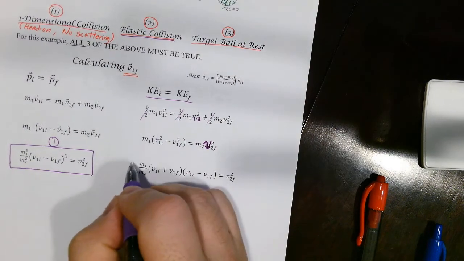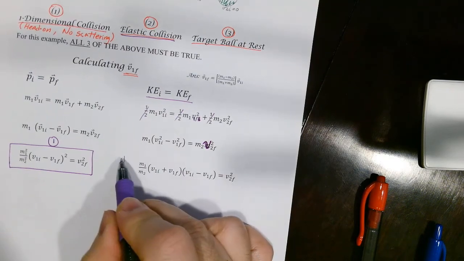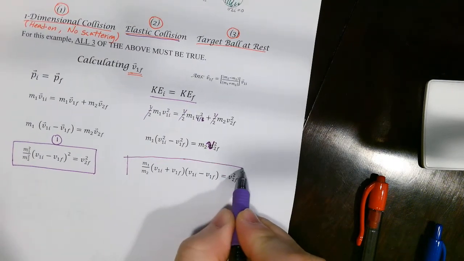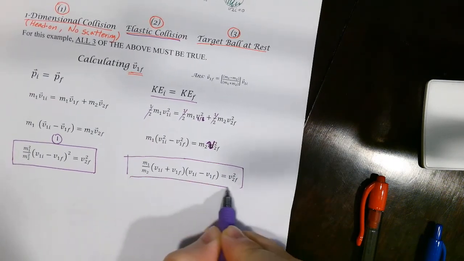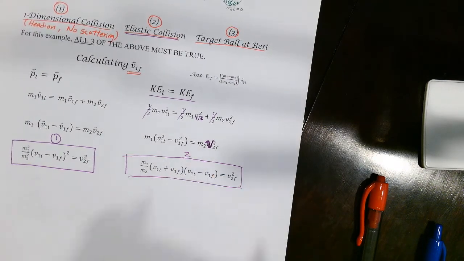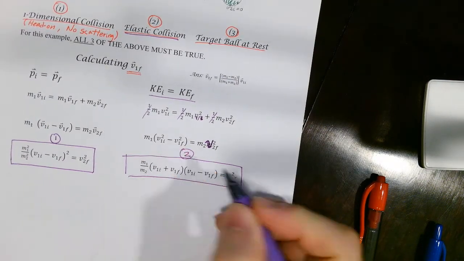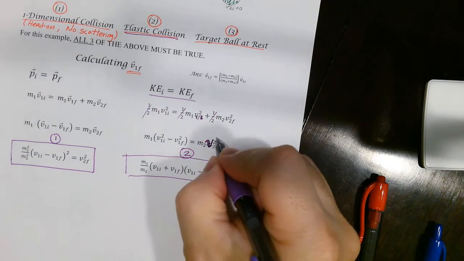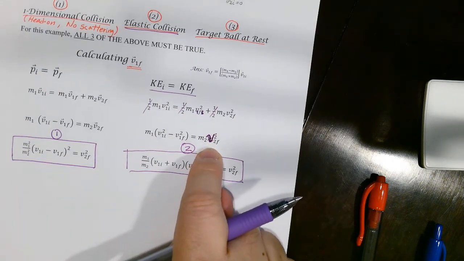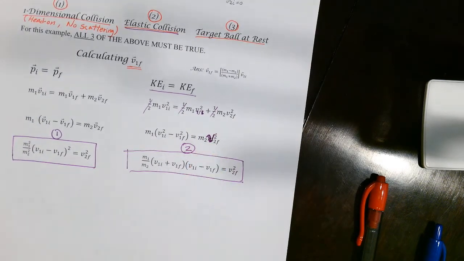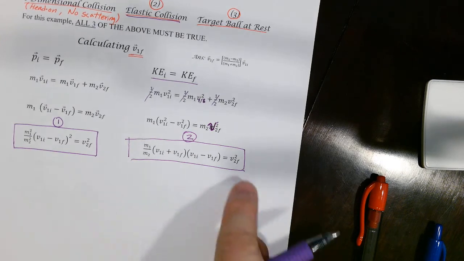So this is equation 2. And this should be V2 final squared. So this one's okay.